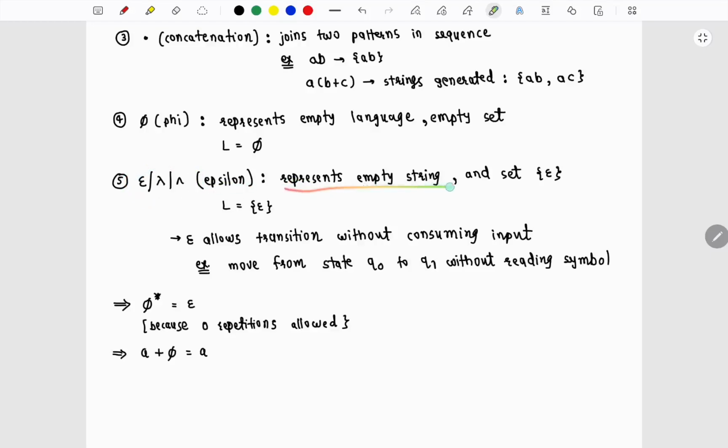This represents the empty string and the set can be written like this. So here if we want to write the language of epsilon, then it can be written like this. Epsilon allows transition without consuming input. That means if we want to move from state Q0 to Q1 without reading any symbol, without consuming any input symbol, then we can write Q0 epsilon Q1.